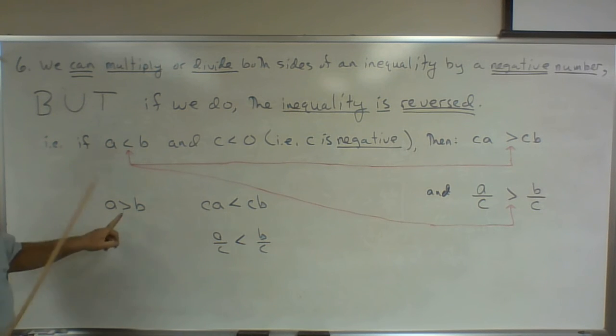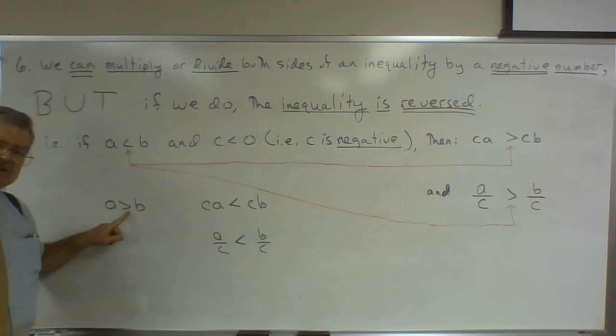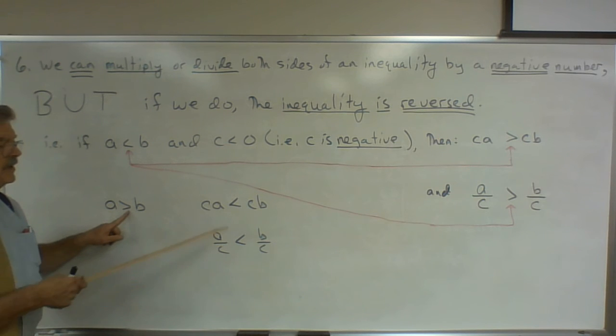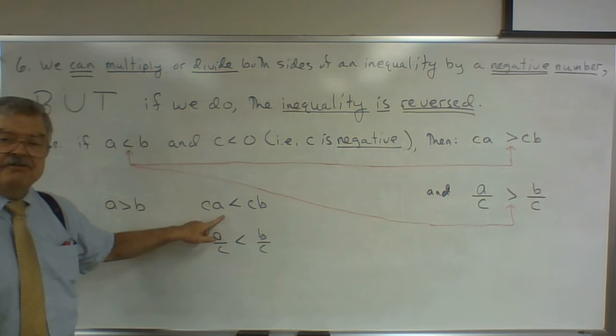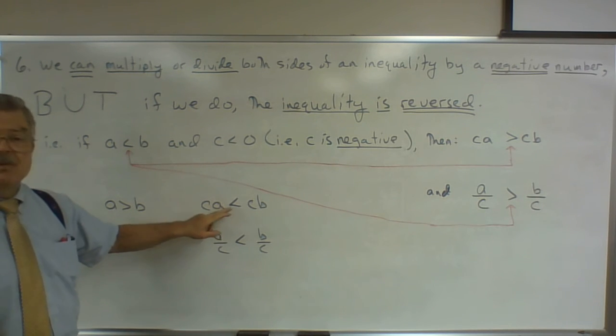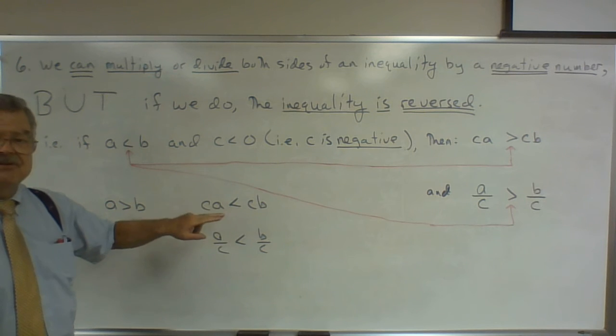So regardless of the direction in which the sign is originally pointing, if we multiply or divide both sides by a negative number, the sign will point in the opposite direction.